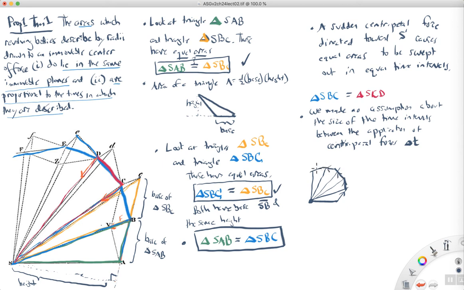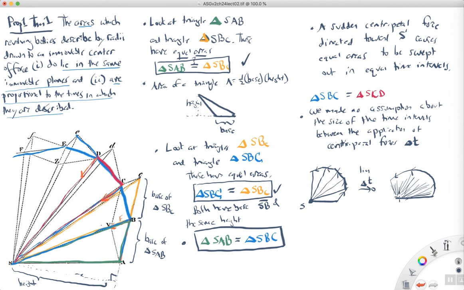If you take a limit as delta t approaches 0, so again, this is point S, this is going to go over to a smooth curve. So you have many, many of these forces being applied closer and closer together, and you're going to have this moving along a smooth trajectory in the limit as delta t goes to 0.